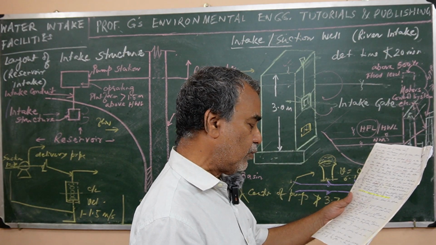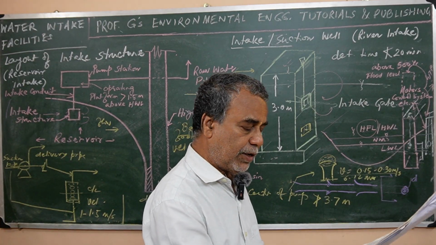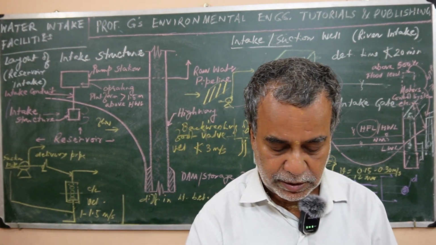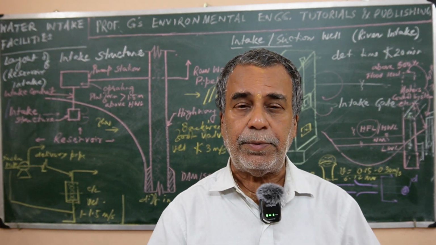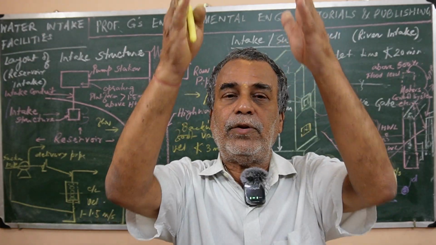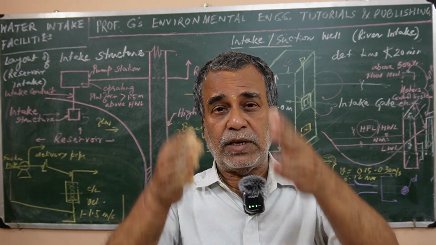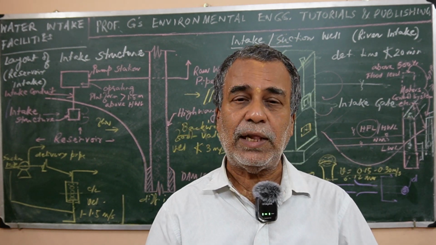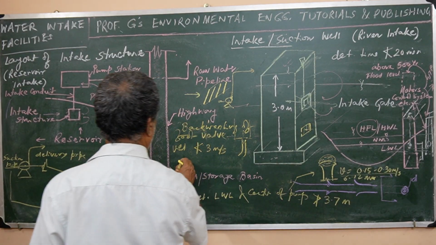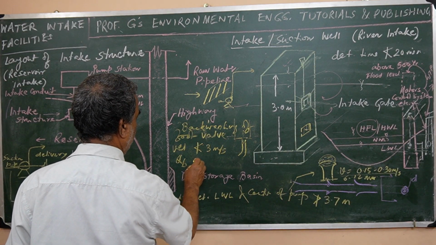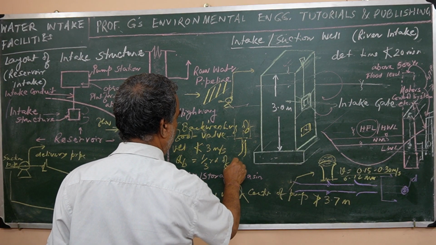The quantity of backwash water should be 1/3 of the flow in the suction pipe. That means how much water flow has occurred during suction. Say the total amount is QS, suction. Then your backwashing QB will be 1/3 of QS.